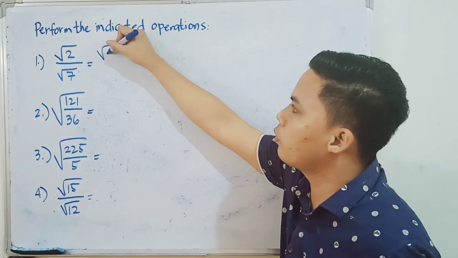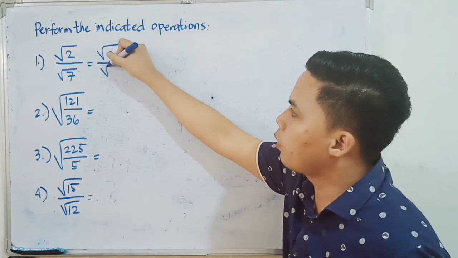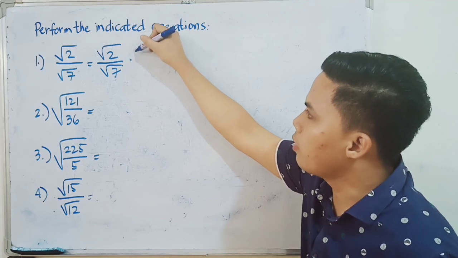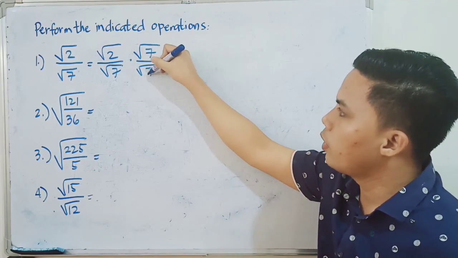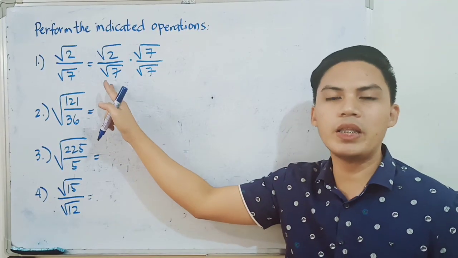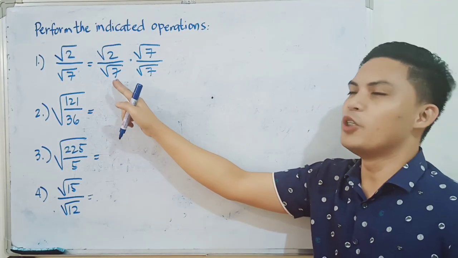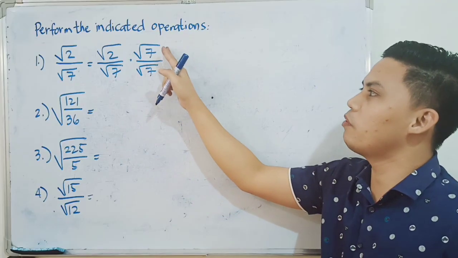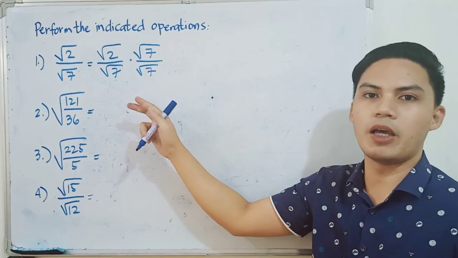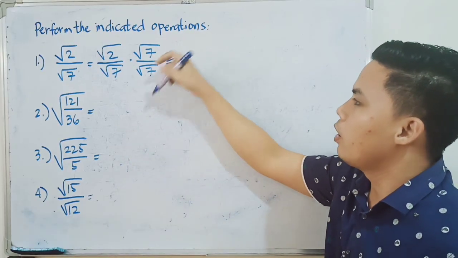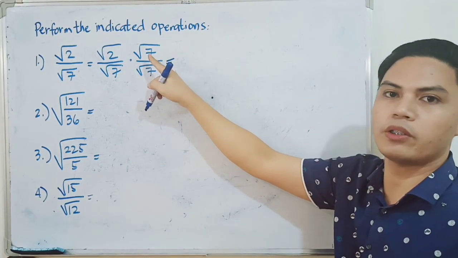We have square root of 2 over square root of 7 times square root of 7 over square root of 7. So kung ano man yung given na radical sa denominator, yun yung imumultiply natin sa numerator and denominator para matanggal natin yung radical expression sa denominator. Okay. So square root of 2 times square root of 7.